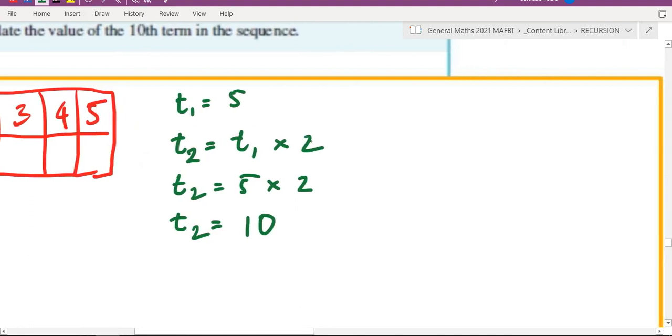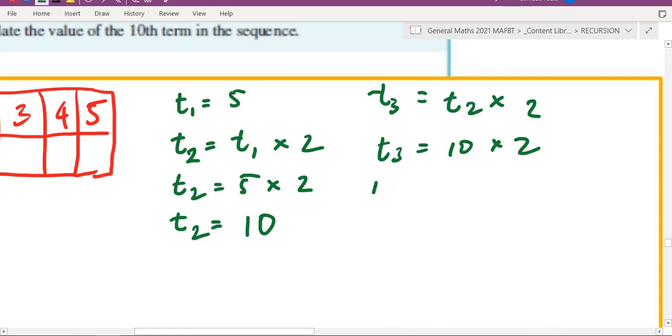All right, T3. Term number 3 would be T2 times 2, so T3 is 10 times 2. Term 3 must be 20.